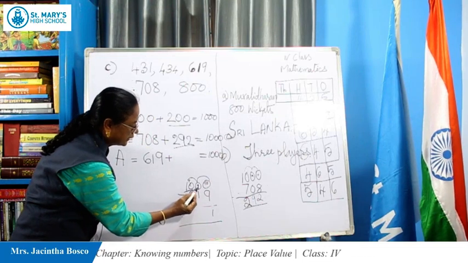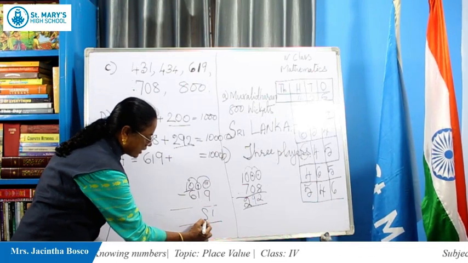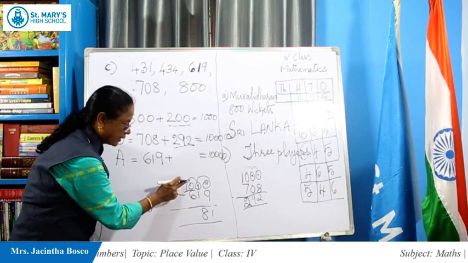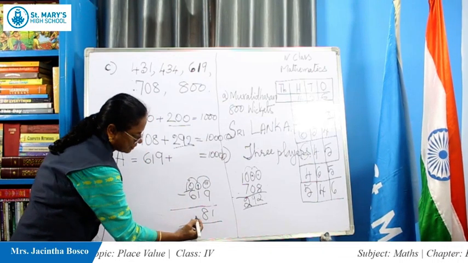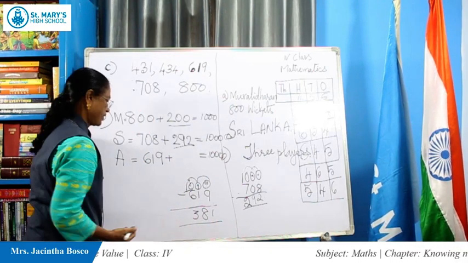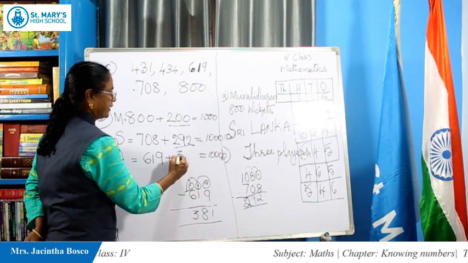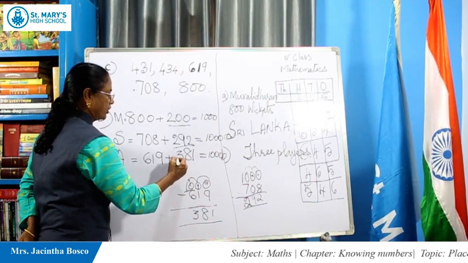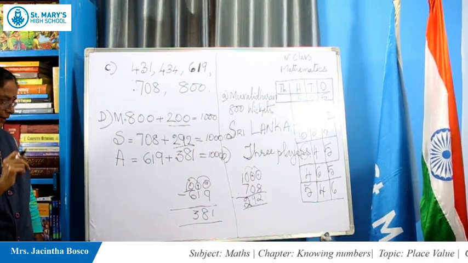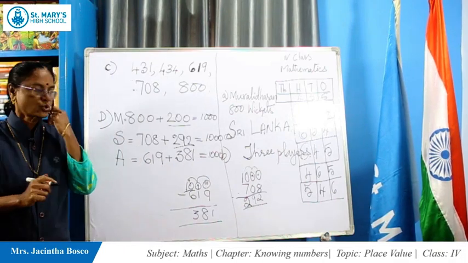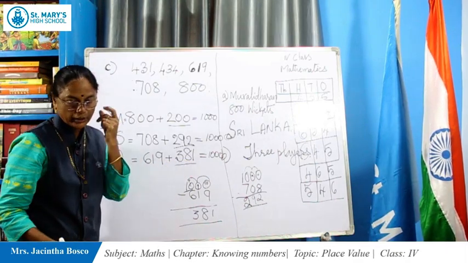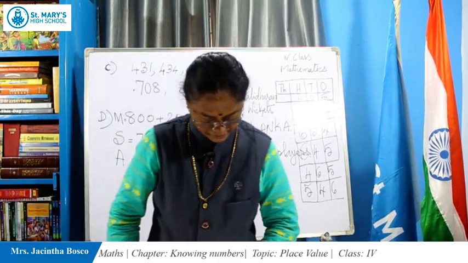Now, here 9 minus 1 how much? 8. Here 9 minus 6, 3. Am I right? So, 381. What will you write? 381. So, this is the answer you got for this question now.